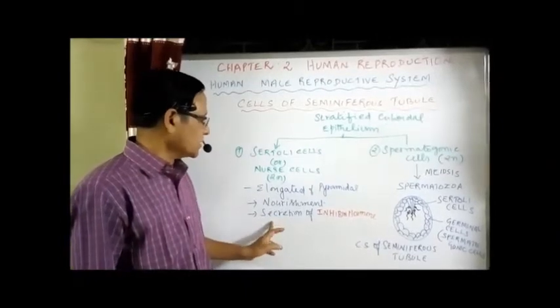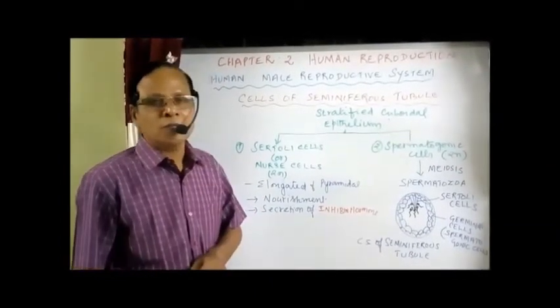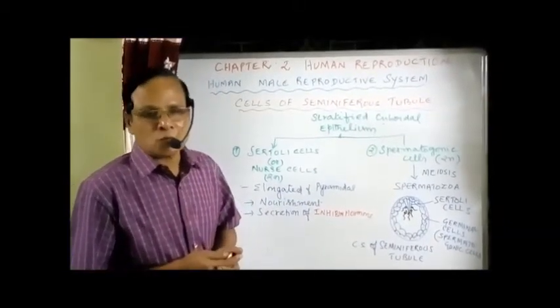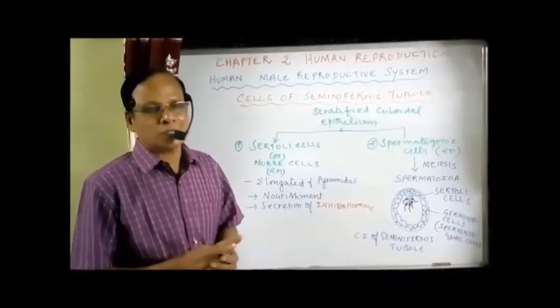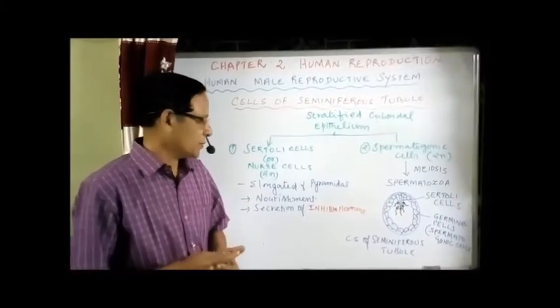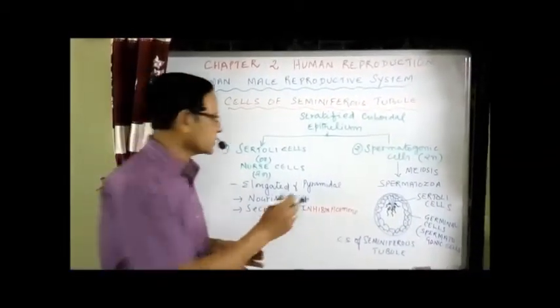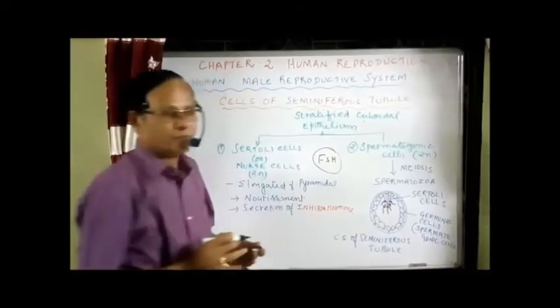Another function, secretion of a hormone, inhibin hormone. This hormone is involved in negative feedback control of spermatogenesis, or sperm production. Normally the sperm production is initiated by FSH hormone, follicular stimulating hormone from the pituitary.